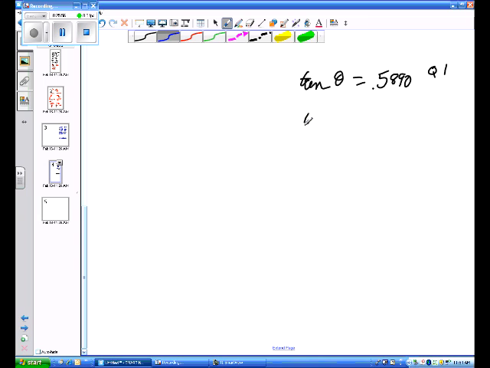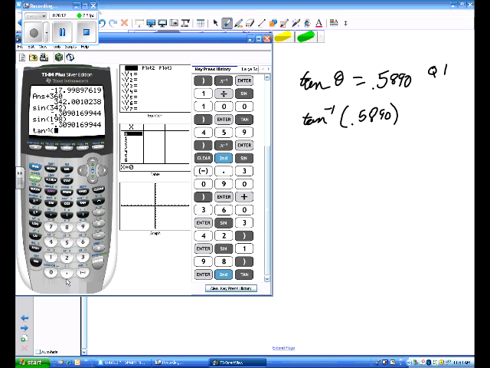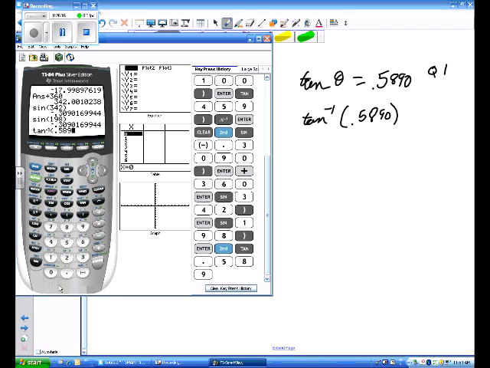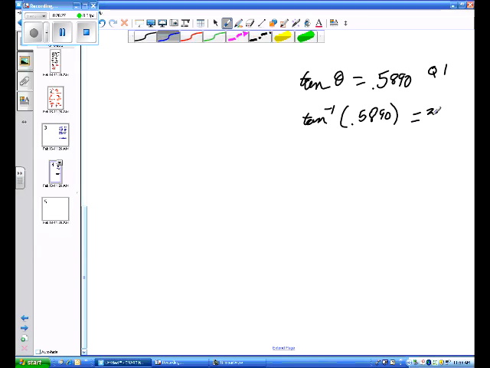Now again, we're looking for an angle, so what we're going to do is the inverse tangent of 0.5890. So we'll look at our calculator. We'll do second tangent, 0.5890. Now, anytime it's positive, it is going to end up in the first quadrant. All of our functions are positive in the first quadrant. So we've got 30 degrees.